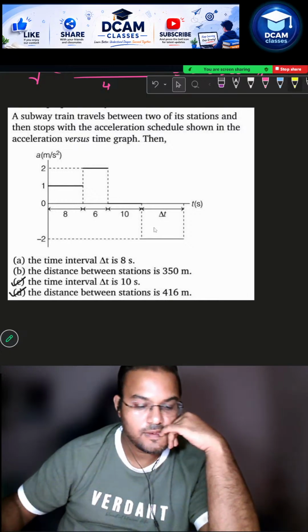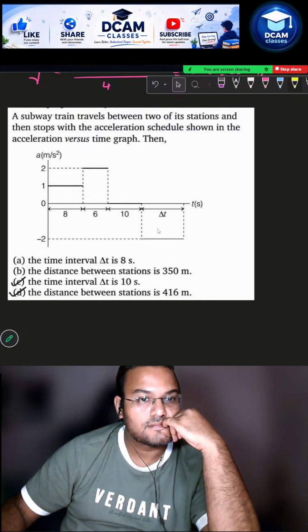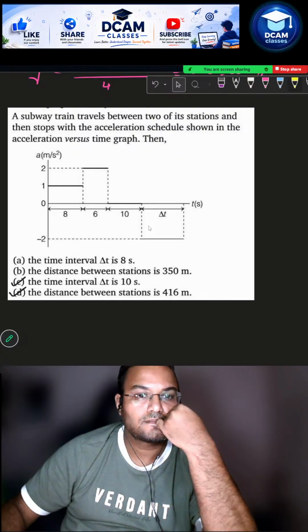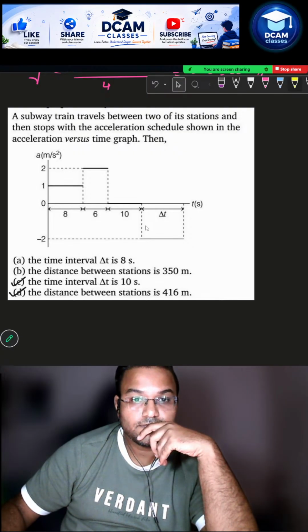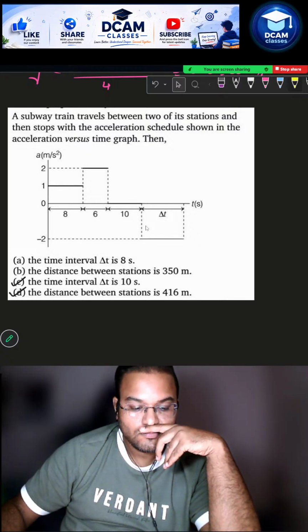Sir, you get that at the end of the 10-second interval, the speed is 20 meters per second. So to bring it to zero, you need a constant deceleration of 2 meters per second squared. So the acceleration is -2 in delta t.